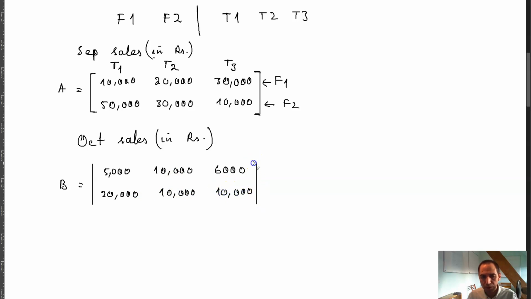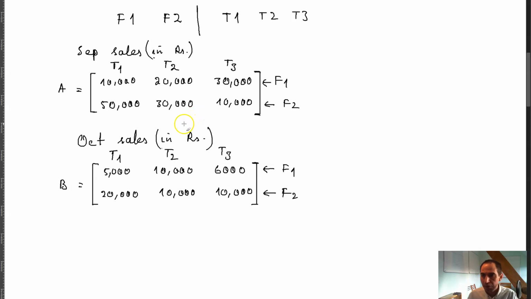Right, so that is that. And this is again type 1, T1, type 2, and type 3. And this is again farmer 1, and this is farmer 2. Okay.